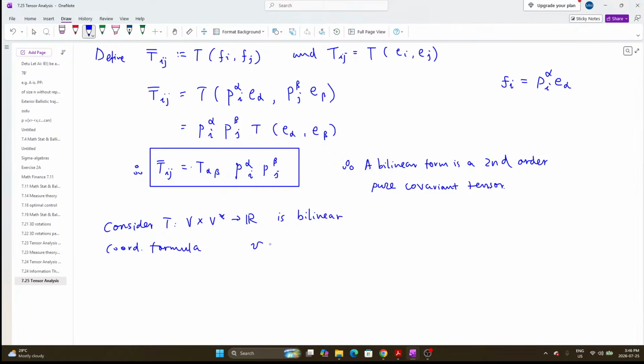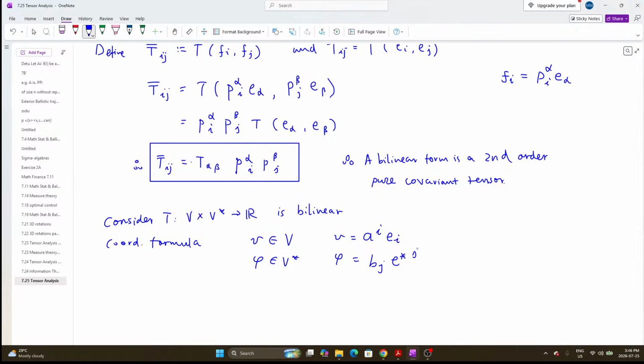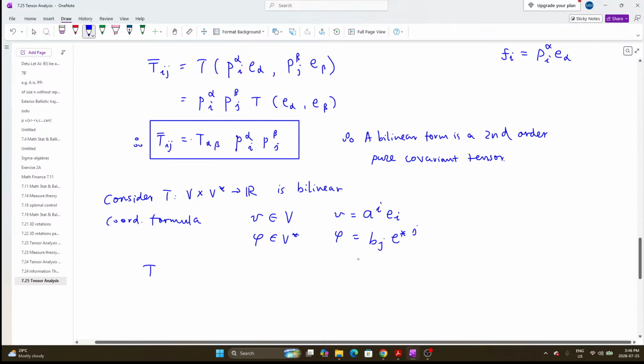So little v is in big V, little v is a^i e_i. And pick a phi in V star. And phi is what? Because now you have to use E star i. The coefficient is downstairs, say b_j. Summation convention.